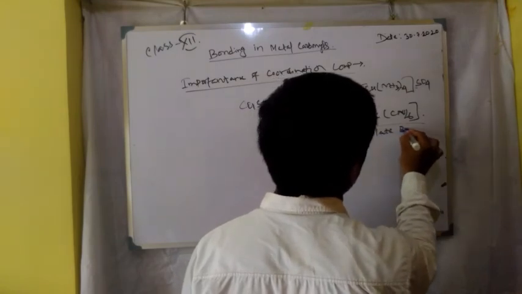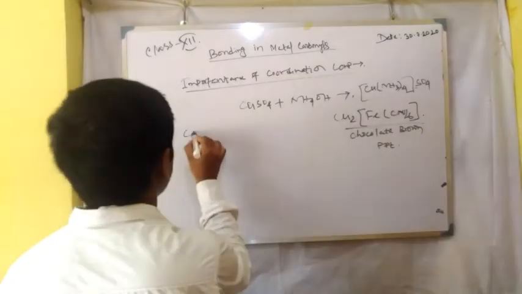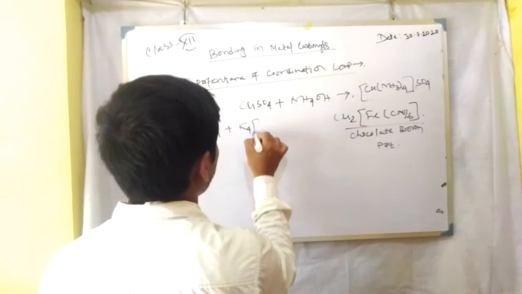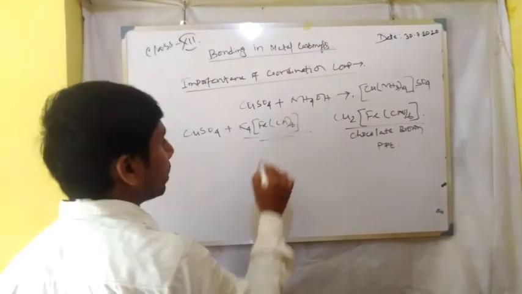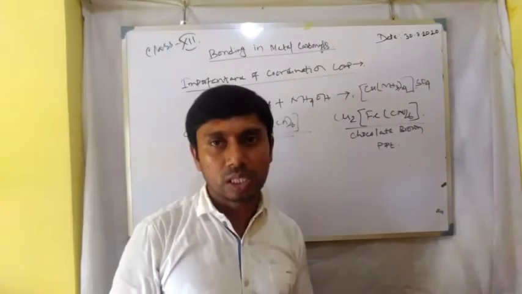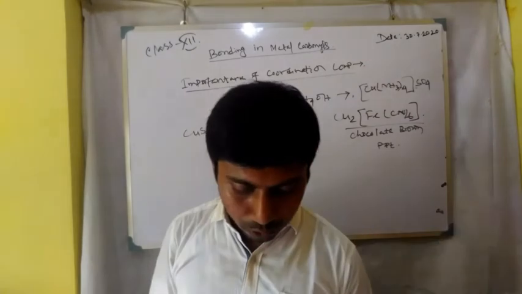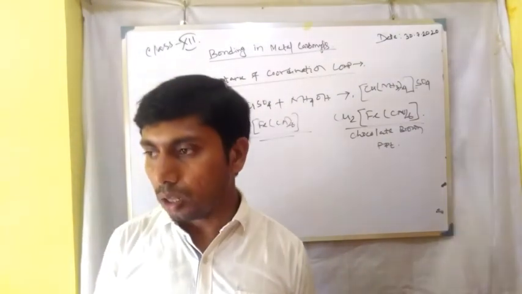How is it formed? It is formed by CuSO4 plus K4[Fe(CN)6]. Potassium ferrocyanide is also a complex compound. Okay, so these are the applications of coordination complexes or complex compounds.